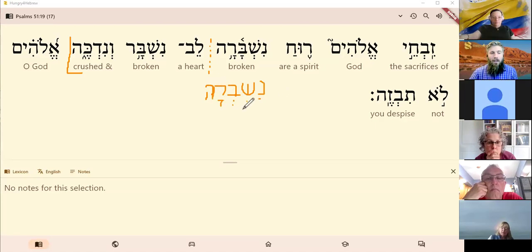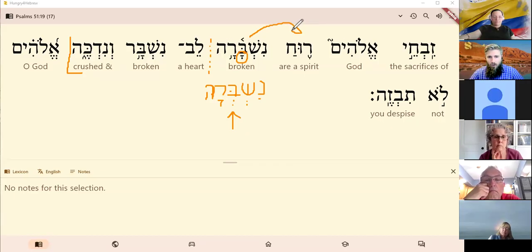Use your imagination. But instead, how is it showing up? Nishbara. So I happen to know that it's a pausal form because of that lengthened vowel there. That's why I want to put one here. Zivchei Elohim ruach nishbara. And this also seems to modify the noun ruach, a spirit that is nishbara. What is shavar?